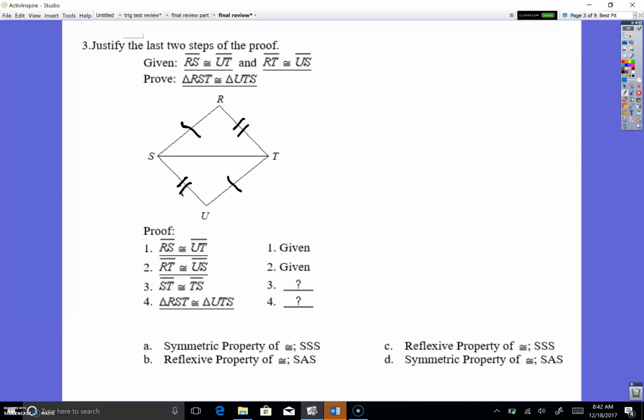And we know this one is congruent to this one by the reflexive property. After the reflexive property, I got side, side, side.